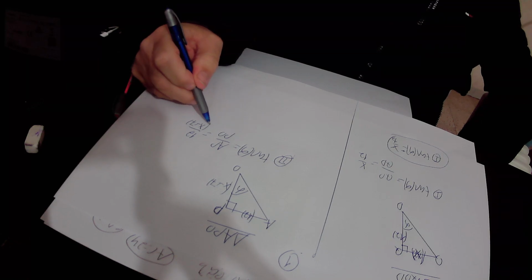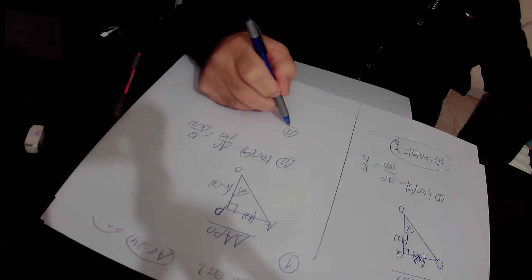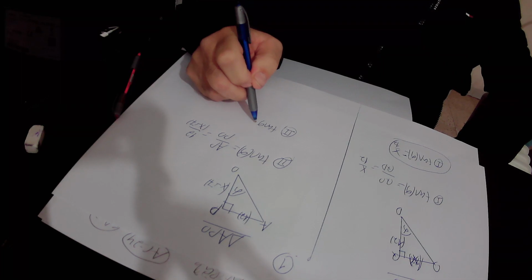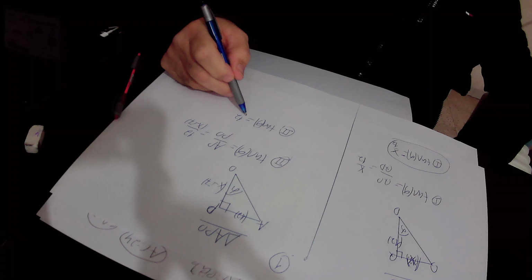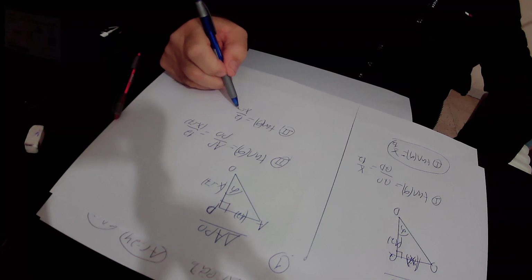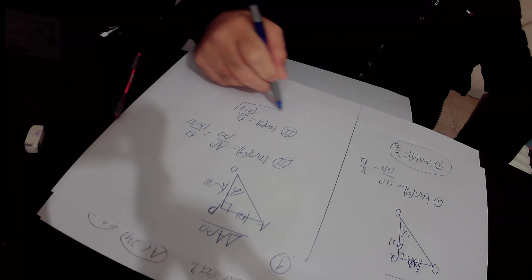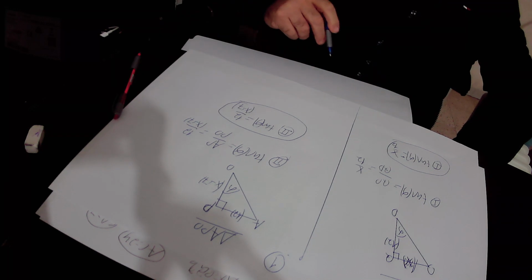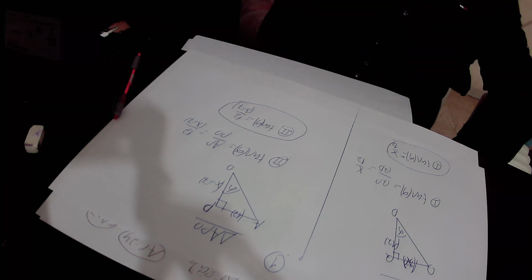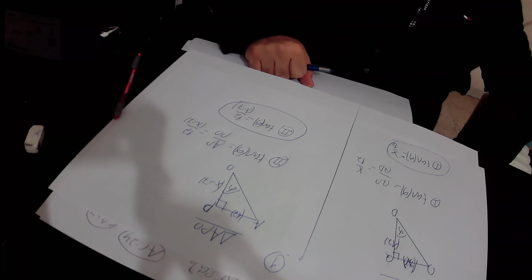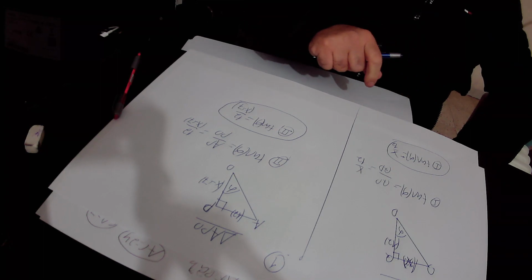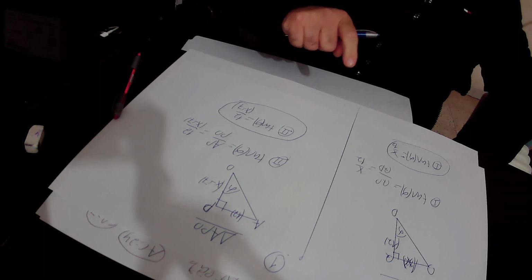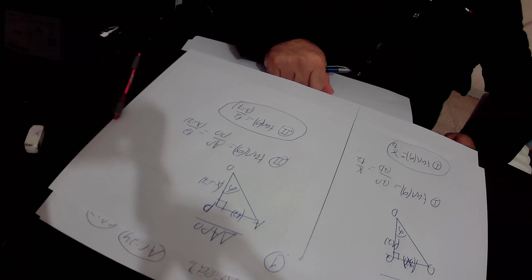So in conclusion, according to equation number 2, tangent alpha equals 12 over X plus 7. So we have here two different expressions for tangent alpha. According to equation number 1, tangent alpha equals X over 12, while according to equation number 2, tangent alpha equals 12 over X plus 7.